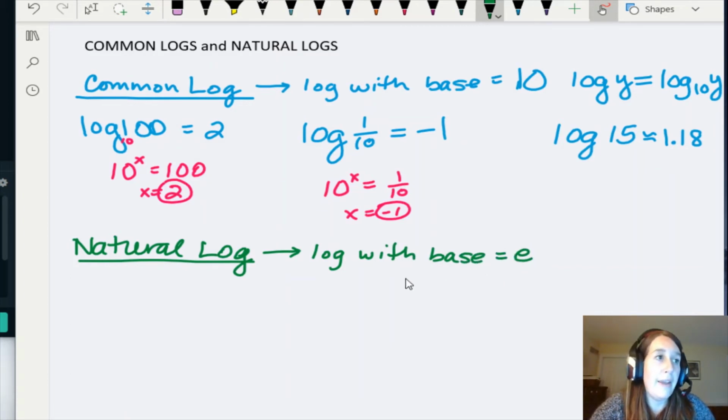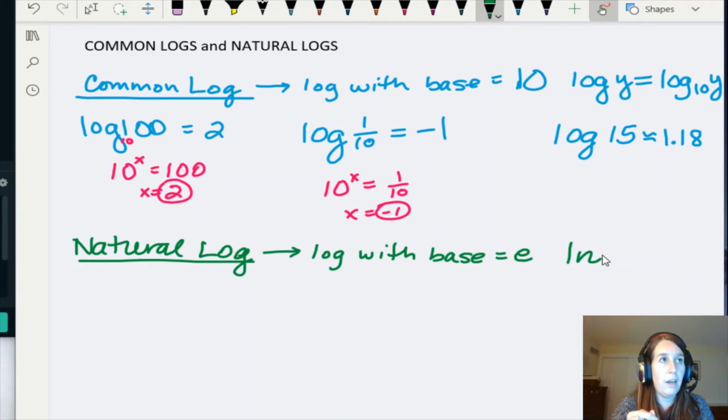Now, instead of using log, they use the letters ln. It's like logarithme naturel. It might be French or possibly Latin. They switch the location of the adjective versus English, and many languages do that.